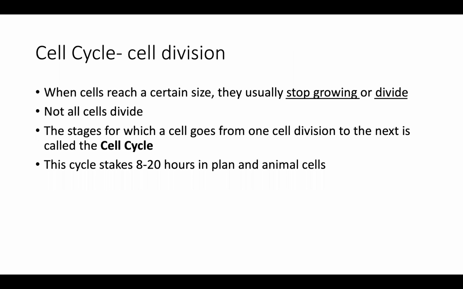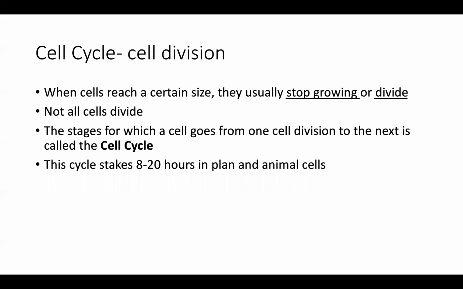So let's see the cell cycle. This is a process for when a cell is ready to divide. When cells reach a certain size, and again, these cells do not have an infinite lifespan, they usually stop growing, or they divide. Not all cells are going to divide.